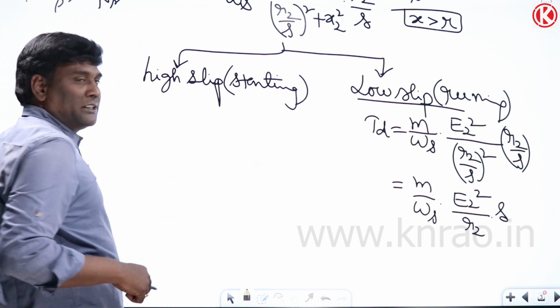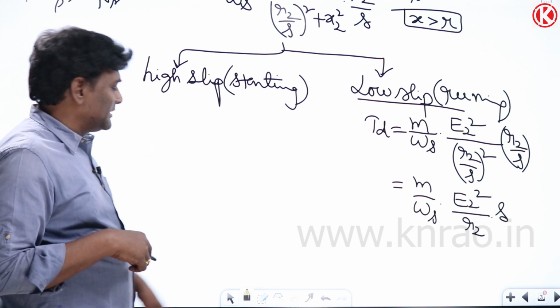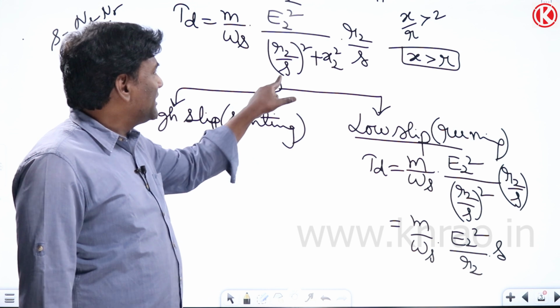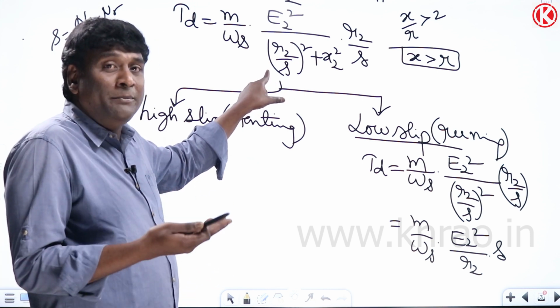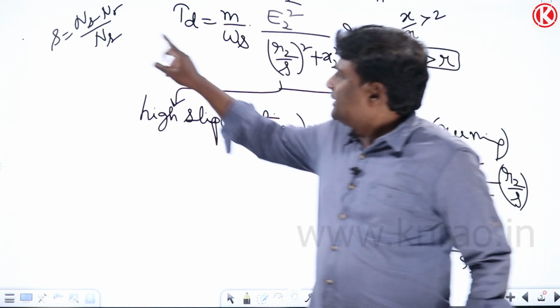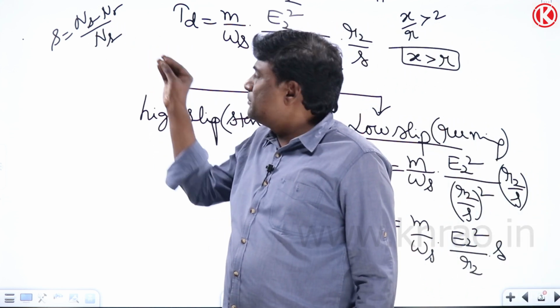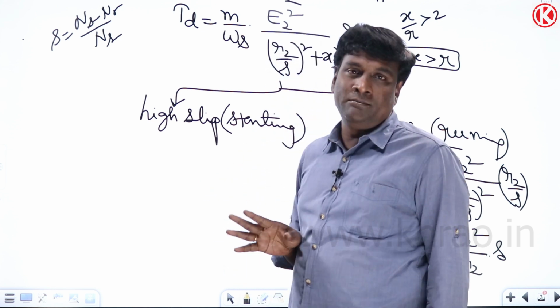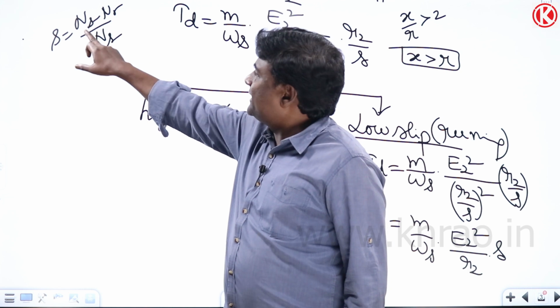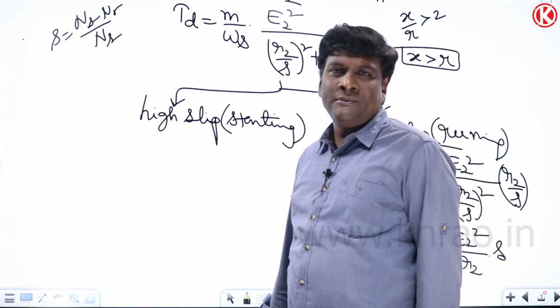Now, high slip region. This is the torque equation, right? So in this torque equation, slip is high, meaning that it would be really nearer to unity. Nr at starting condition will be much less. At starting, the rotor speed is going to be 0. So when rotor speed is 0, (Ns minus 0) by Ns is going to be 1. High slip region.